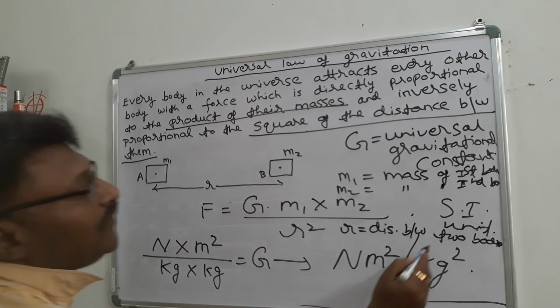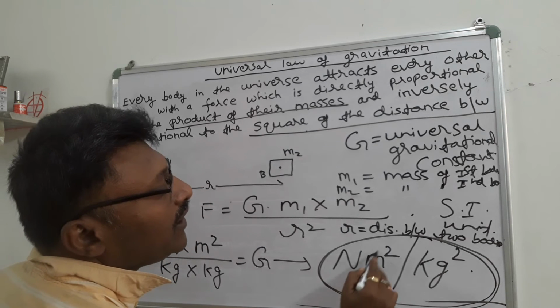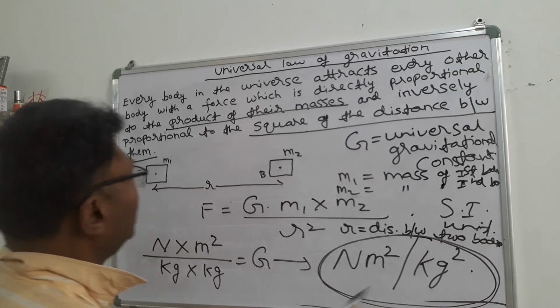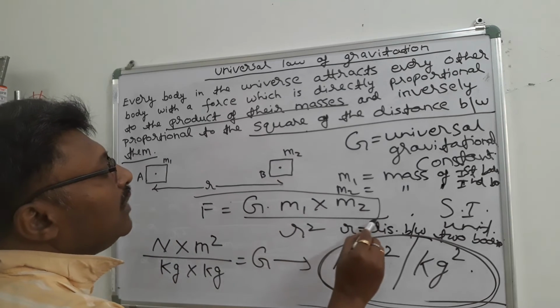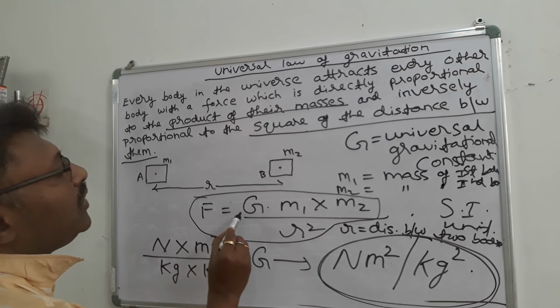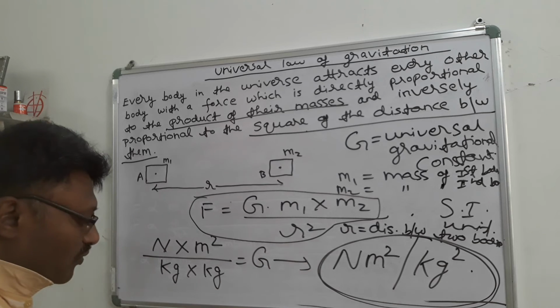So the SI unit of universal gravitational constant is Newton meter square per kg square, and the formula is F is equal to capital G m1 into m2 upon r square.